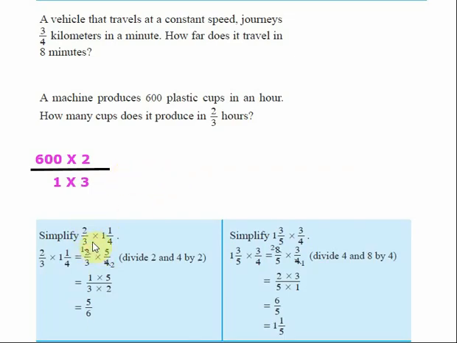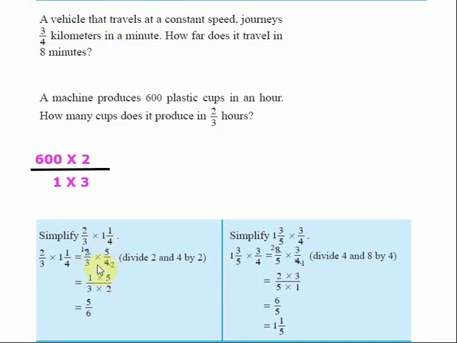Now here is a fraction, this is a mixed number. Now we know how to write a mixed number as an improper fraction, right? Very simple. You multiply these two together and add this here. 4 into 1 is 4, 4 plus 1 is 5, 5 over 4. Then 2/3 multiplied by 5 over 4.